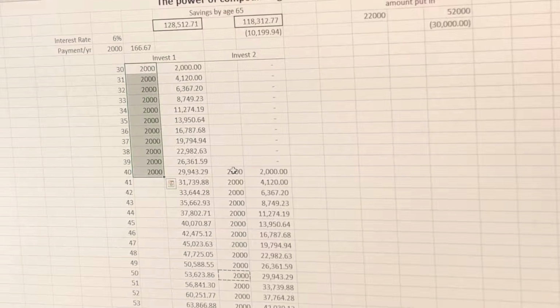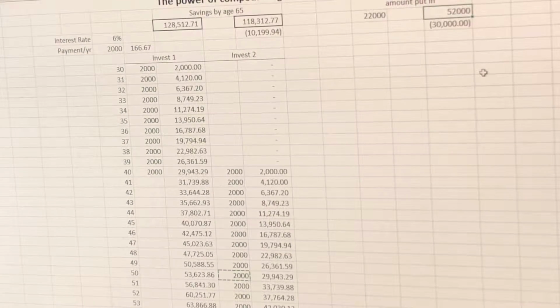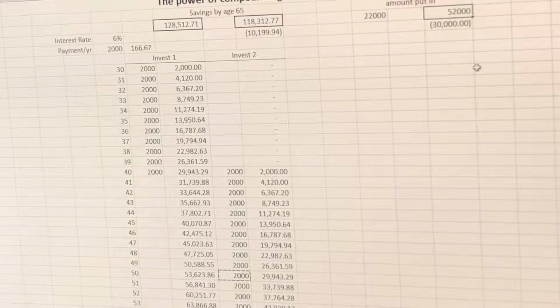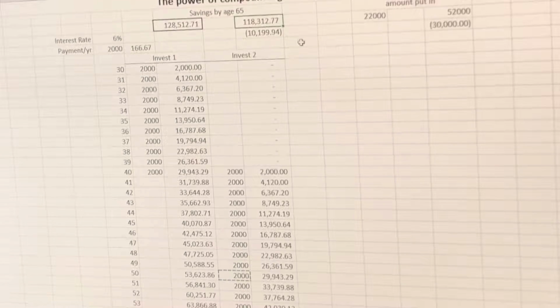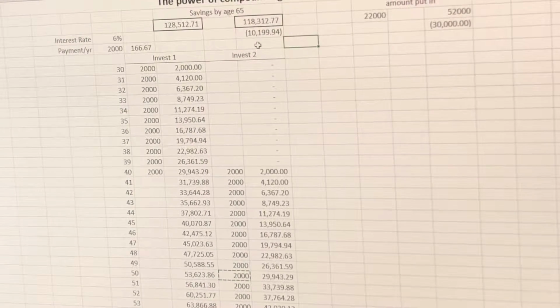In the second investment, we kept doing $2,000 until retirement with a total of $52,000. That's how much you saved from age 40 to 65. So that's $30,000 more. So you spent $30,000 more and you still made less. Actually, $10,000 less overall, because you started investing early.